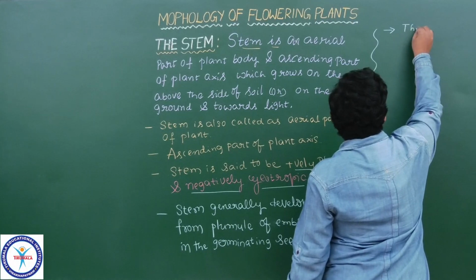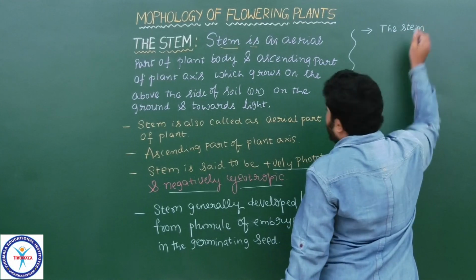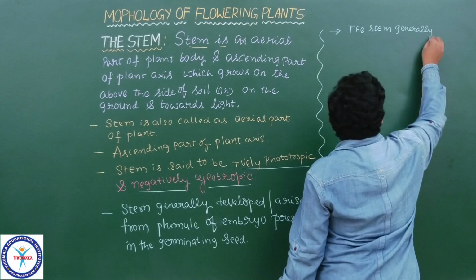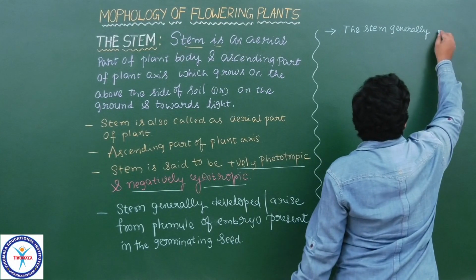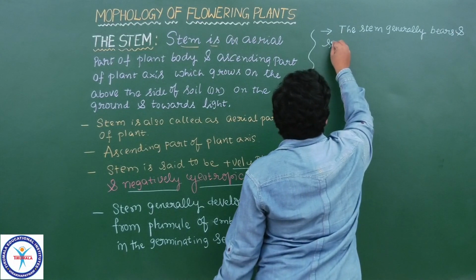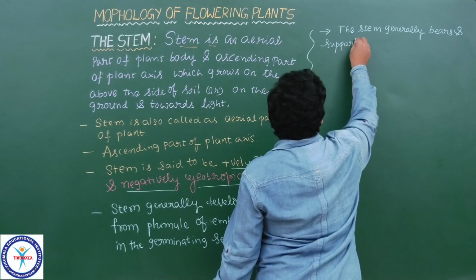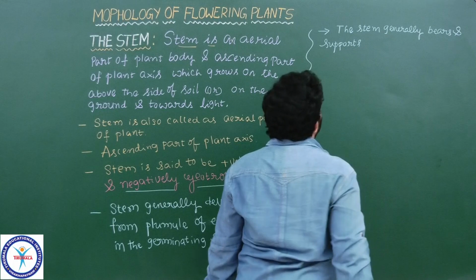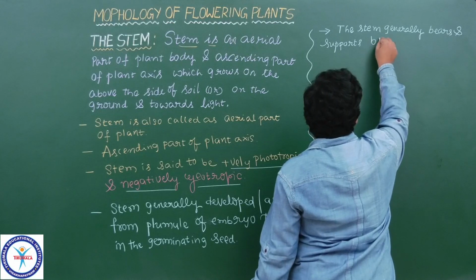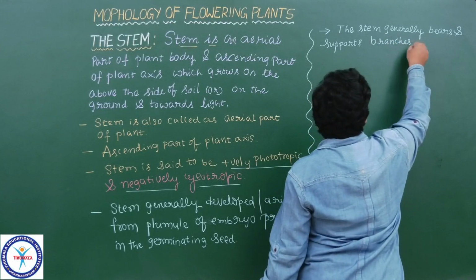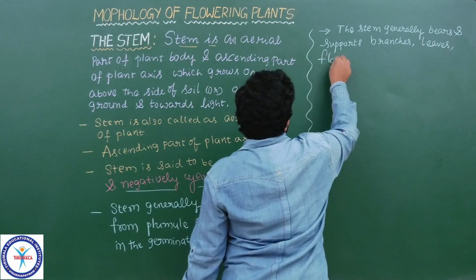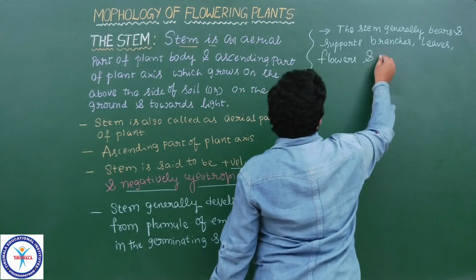The stem generally bears and supports branches, leaves, flowers and fruits.